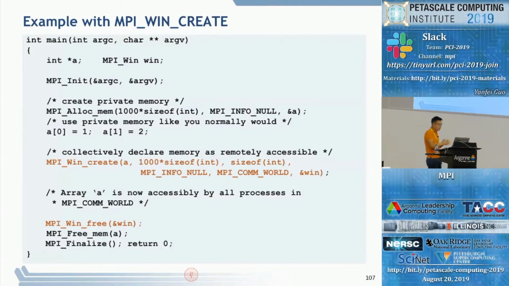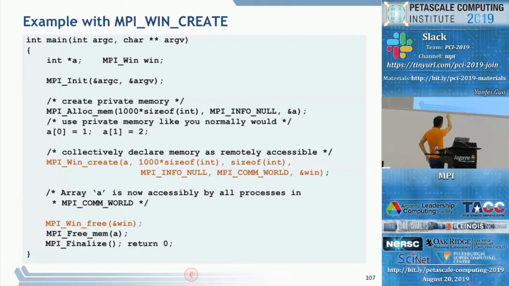The example here is using MPI alloc mem, but you can use malloc, you can use calloc, whatever, POSIX memalign. You can use all of them. You don't have to use alloc here for new MPI, because that was from MPI 2 back then. There was some requirement.